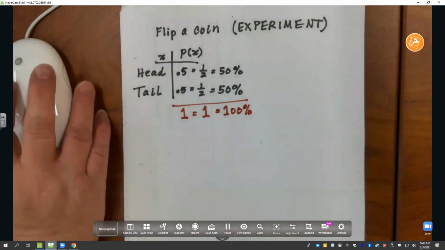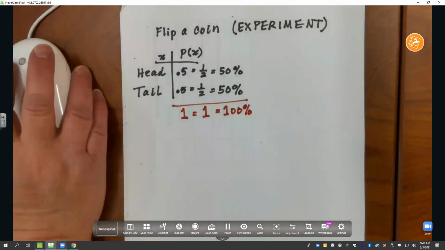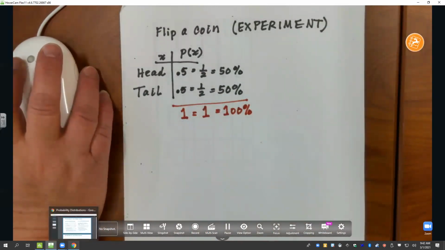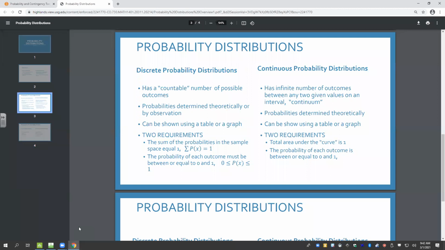Okay, so we have discrete, which again are typically based on discrete data. The second category is the continuous. Just like we had quantitative continuous data, we also have continuous probability distributions.